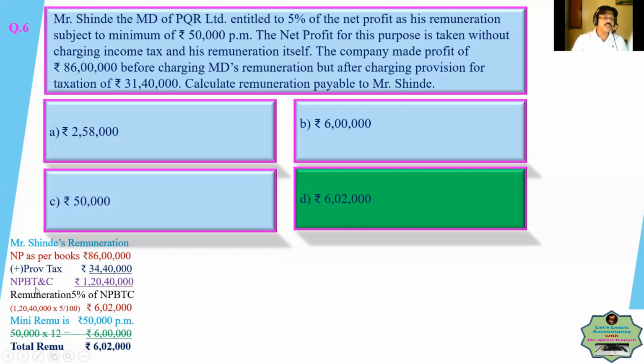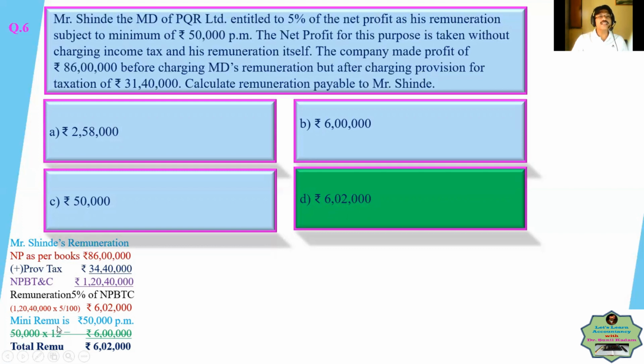So net profit before tax and remuneration is 1,20,40,000. And the remuneration to Mr. Shinde is 5%. So let us calculate: 1 crore 20 lakhs 40,000, 5% is 6 lakh 2,000, which is the correct answer.